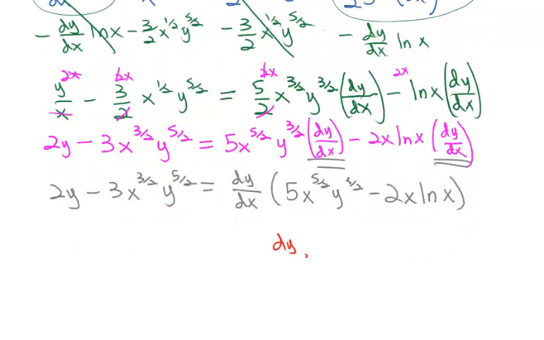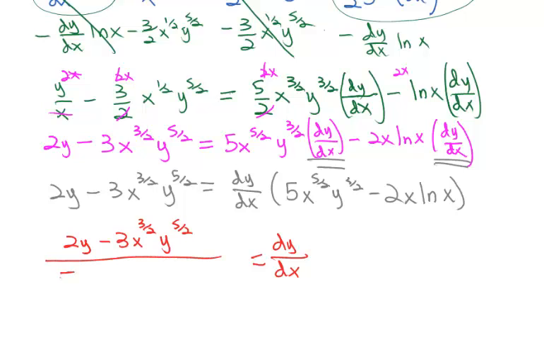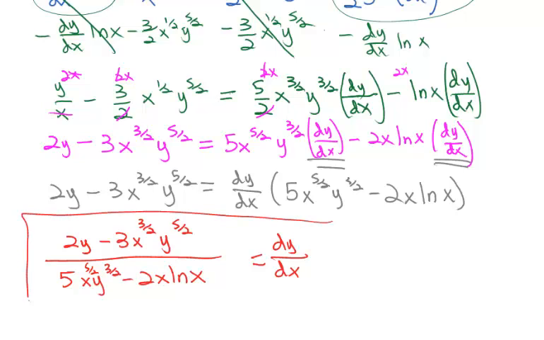So we know that dy/dx is equal to this lovely fraction, 2y minus 3x to the 3/2 y to the 5/2, all over 5x to the 5/2 y to the 3/2 minus 2x natural log of x. What a beautiful solution.